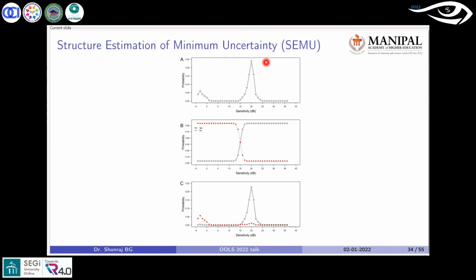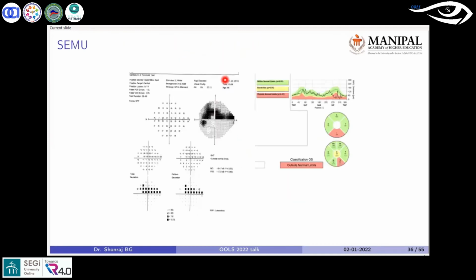So instead of taking this from the normal population, can I take this from the structural information? Let's say you get an OCT and you see an inferior arcuate defect, then you are pretty sure that the superior part of the visual field is going to be affected. So can I alter the prior probability mass function of a Bayesian-based algorithm based upon the structural values?